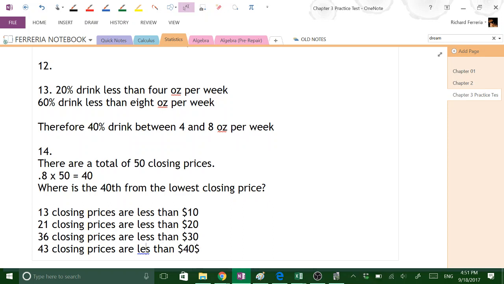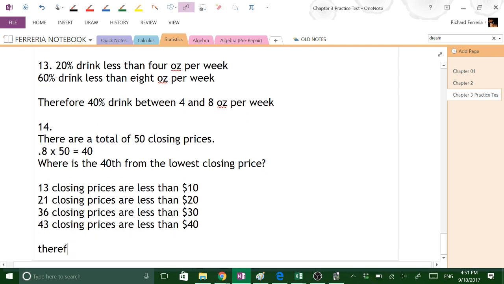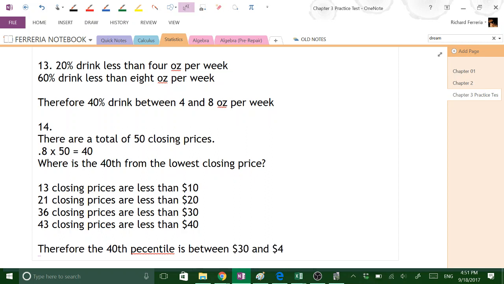That is all sorts of wrong right there. Therefore, the 40th percentile is between $30 and $40. Is it? Oh, 80th percentile. The 80th percentile is between 30 and 40.